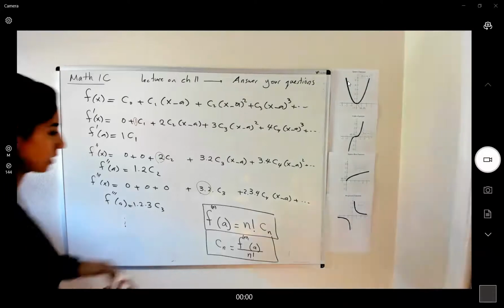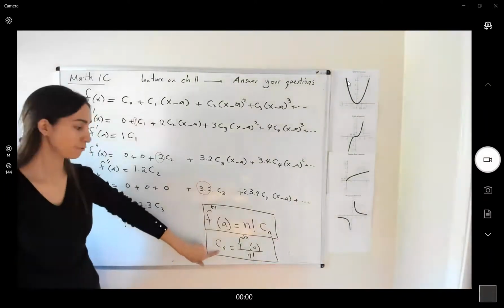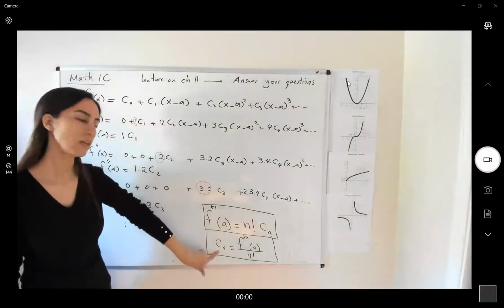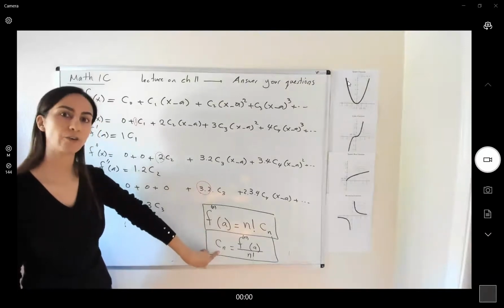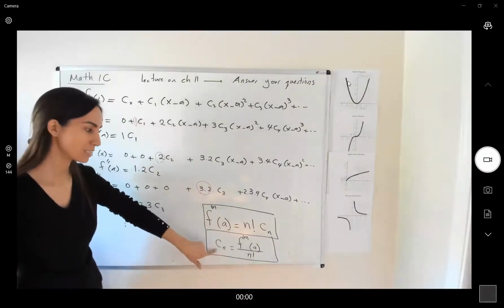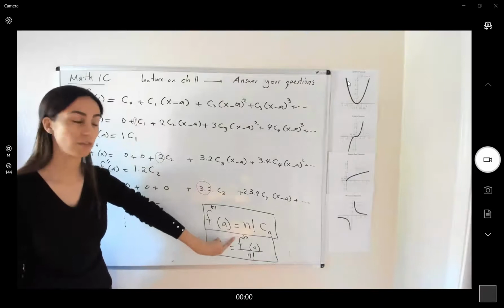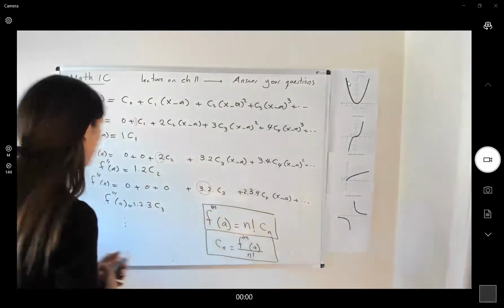Okay, now that we derived a formula for the coefficient c sub n, let us rewrite our power series using c sub n as the nth derivative of the function divided by n factorial.